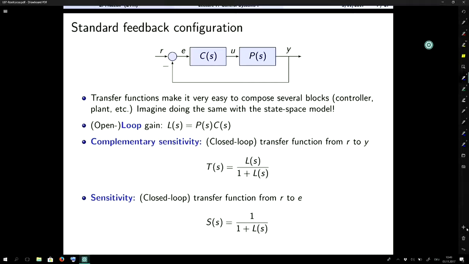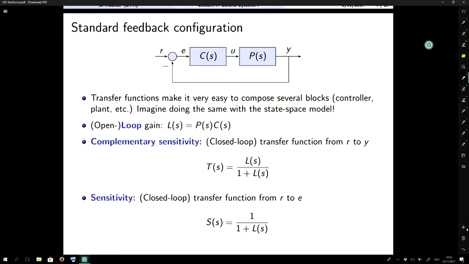Now, you may understand why the other function is called complementary sensitivity, because if you add sensitivity plus complementary sensitivity, what do you get? One. So people like to define this sensitivity transfer function for whatever reasons, and then the other transfer function, which I actually think is the meaningful one, is 1 minus the sensitivity.